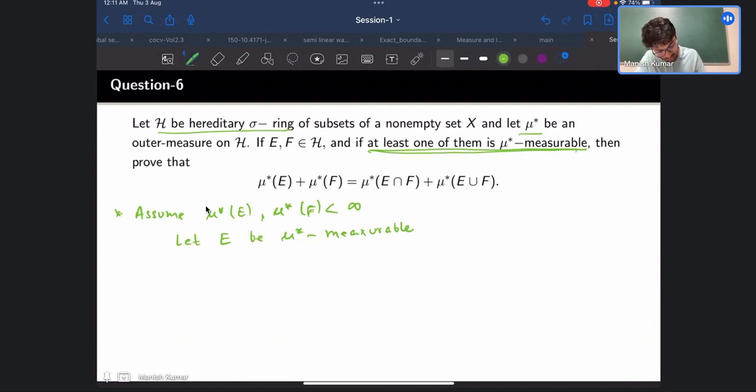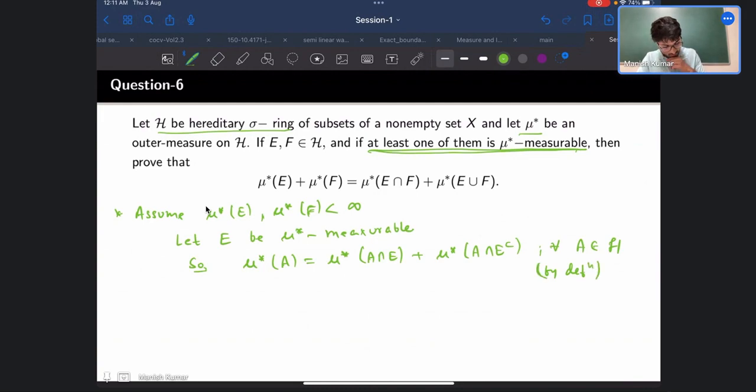Now what does that mean? This means that mu star of A is equal to mu star of A intersection E plus mu star of A intersection E complement for all A in H. This is by definition. Very good.